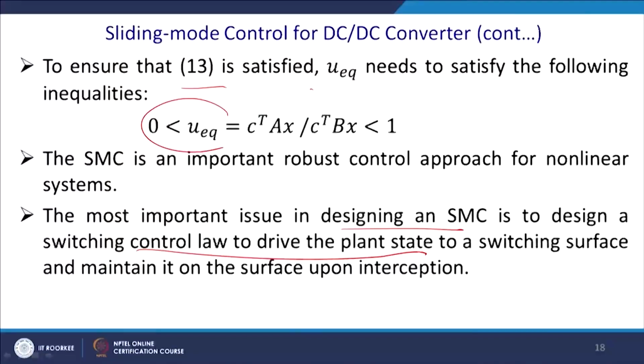The switching control law is to drive the plant state to a switching surface and maintain it on the surface. So, this is one of the applications of nonlinear control in DC microgrid.